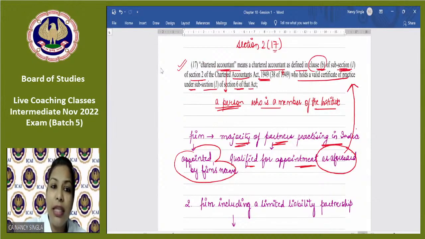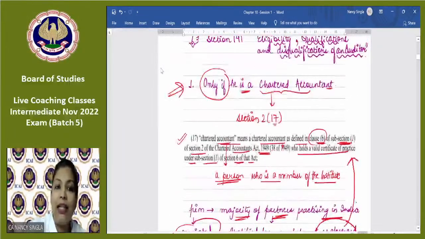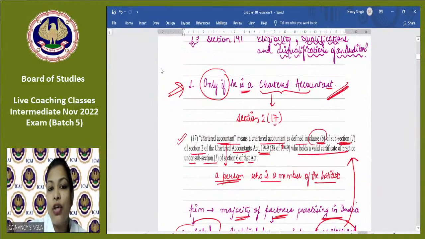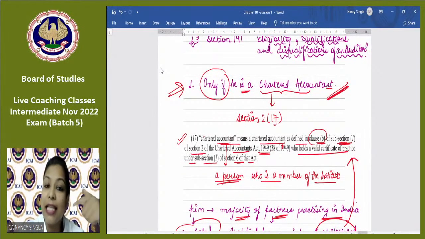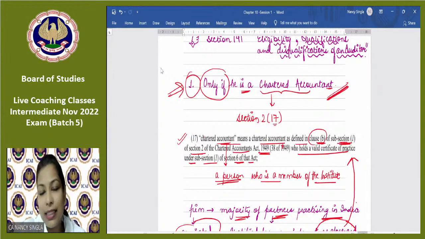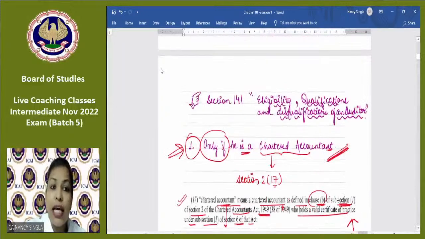As aforesaid, it means what? As said earlier, that is, the majority of the partners practicing in India are also chartered accountants. As aforesaid means whatever was said earlier, in point number 1. Okay, simple. So this was subsection 1. Eligibility, qualification, right?